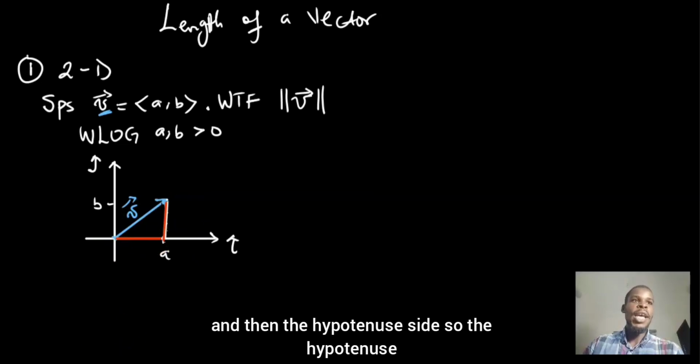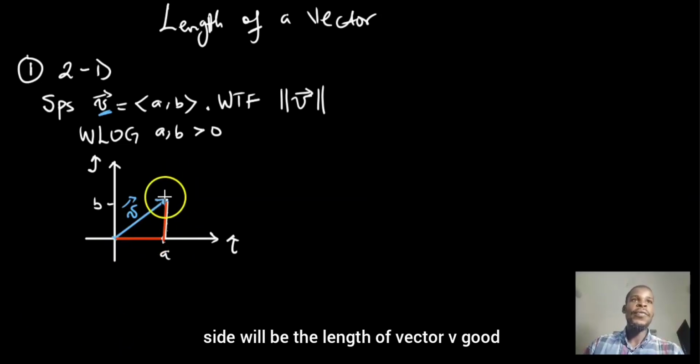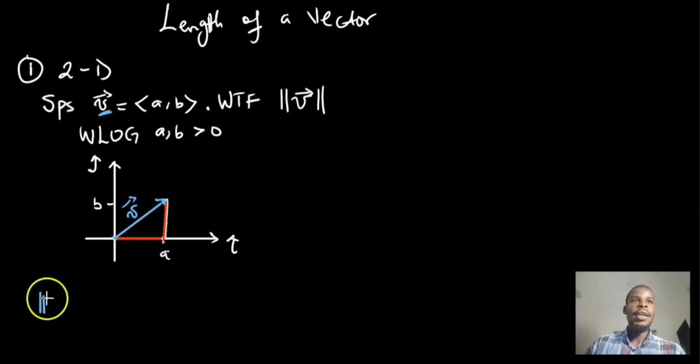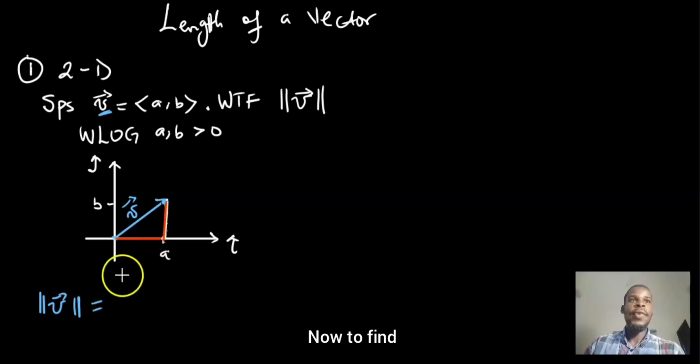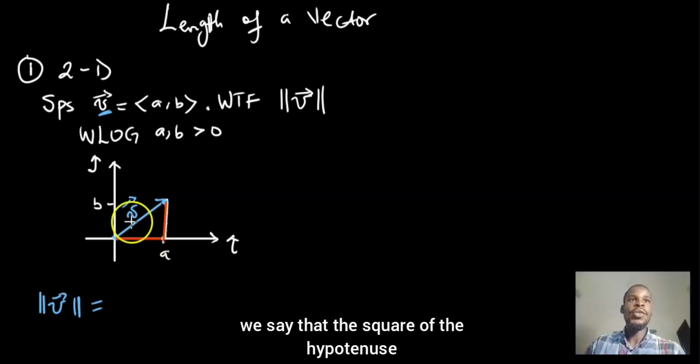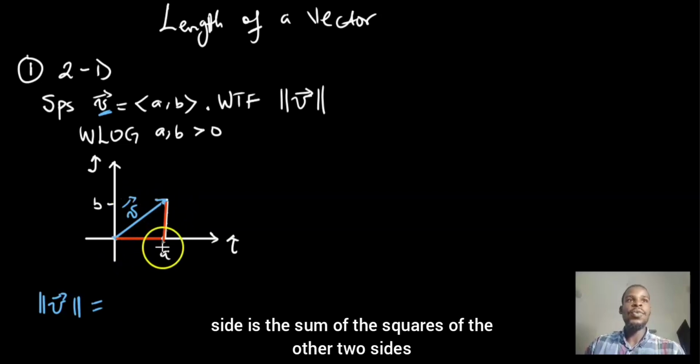The hypotenuse will be the length of vector V. Using the notation, this is the length of vector V. To find the hypotenuse by Pythagoras theorem, the square of the hypotenuse is the sum of the squares of the other 2 sides.